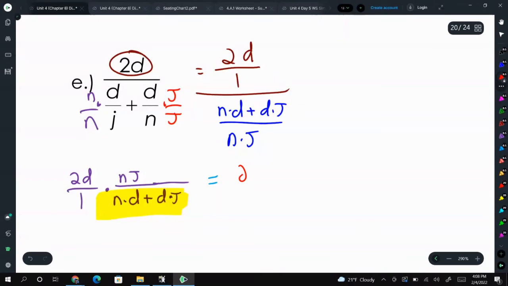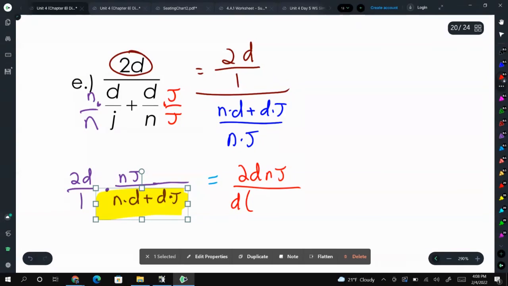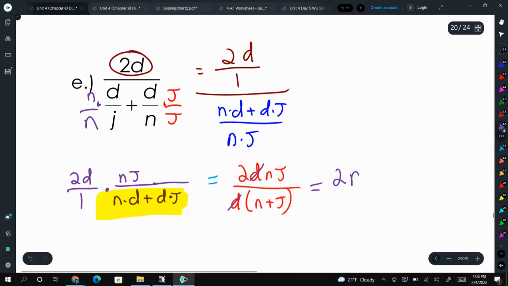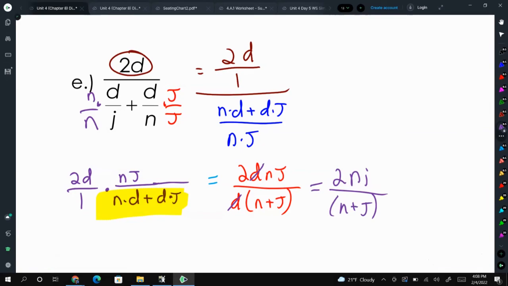So we have 2d and j over d times n plus j. We can then cancel the d from the top and bottom. We have 2nj over n plus j. And like I said, you can't cancel out the n's and j's because of that addition sign there.